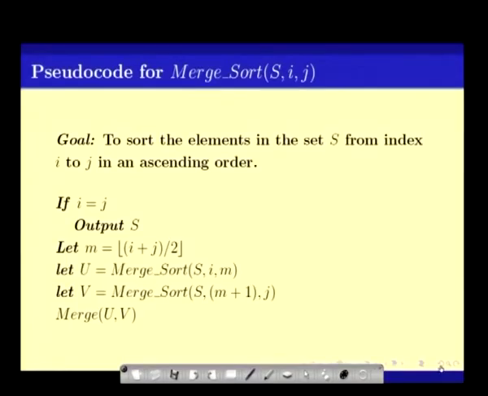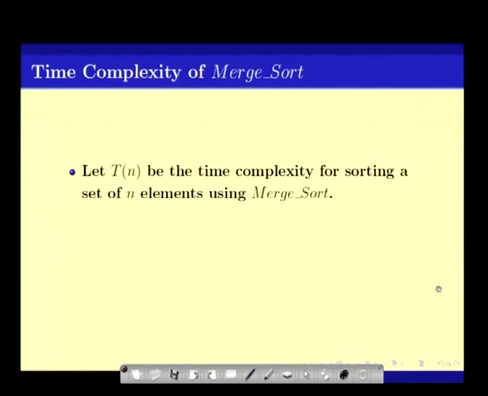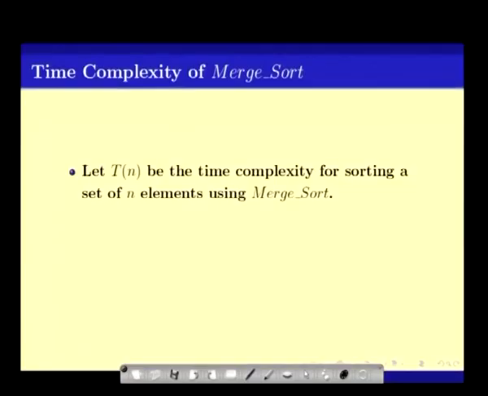Note that I will not do the proof of this algorithm, I leave it to you to check, but let us do the time complexity of this algorithm. Let T(n) be the time complexity for sorting a set of n elements. So, what is the time complexity? Note that to merge these two sets u and v, I will need order n steps.